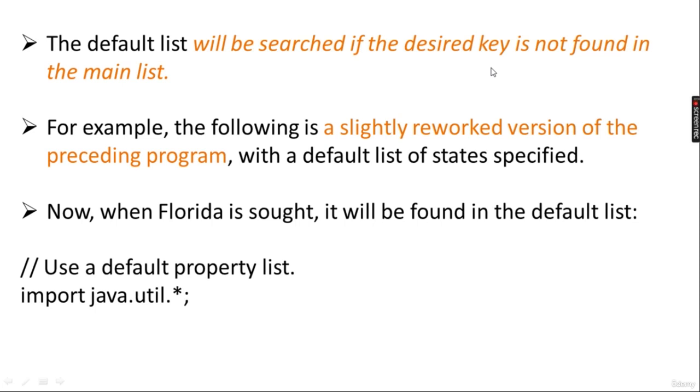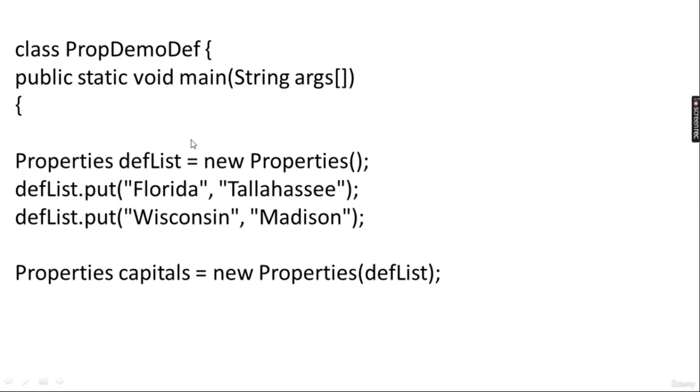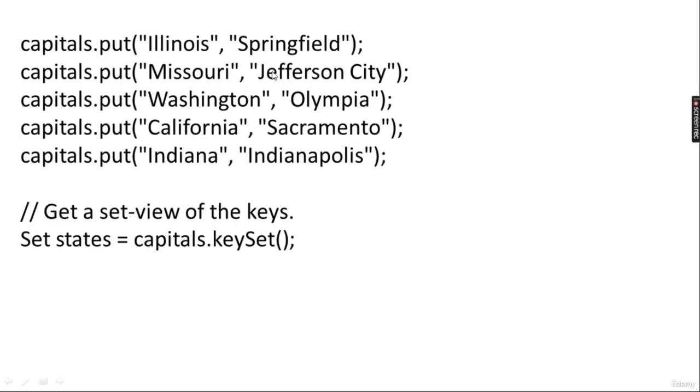If no value matches in the switch, the default one is used. The following is a slightly reworked version of the preceding program. If Florida is sought, it will be found in the default list. Properties defList = new Properties(), with Florida, Tallahassee, Wisconsin, Madison. Properties capitals = new Properties(defList). In the default list, we have put keys with values.